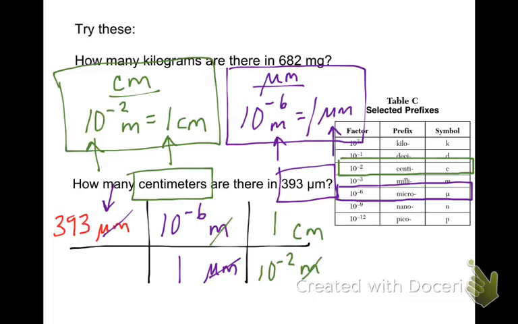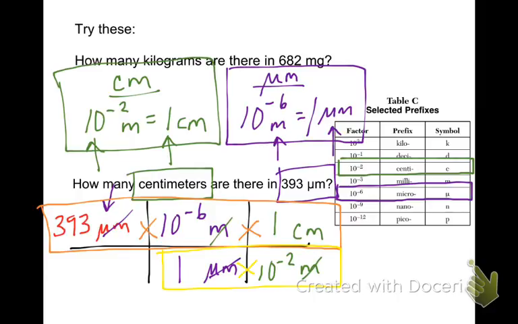So again, what that means is we're going to multiply the top. So 393 times 10 to the negative 6 times 1. And then on the bottom, we're going to multiply the bottom. So 1 times 10 to the negative 2, and then we will simply divide.